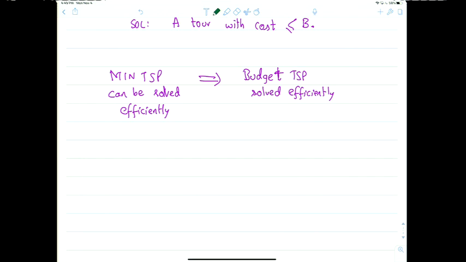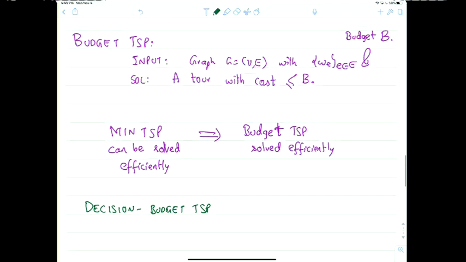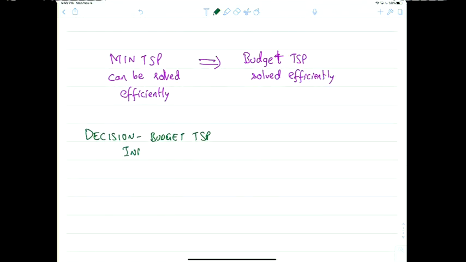And so there's a search version of budget TSP. Let me call that the decision version of budget TSP. I'll just call it decision budget TSP. This is a fairly closely related one. Again, you have the same setup, weights, and then you have a budget B. And the solution that you're looking for is just a yes or no answer.